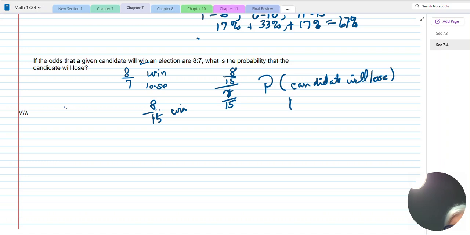So we're going to have 1 minus the probability of win. 1 minus, and this is 8/15, so we would have 7/15. All right, because we want the candidate to lose. Is everybody comfortable with that?